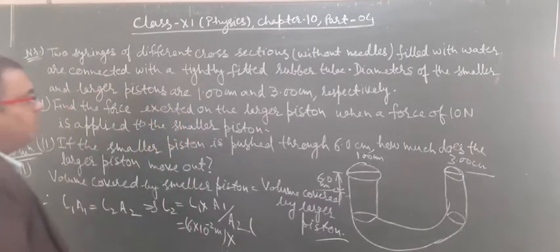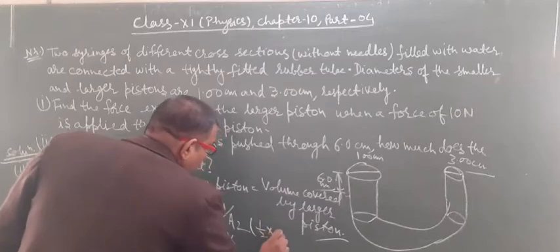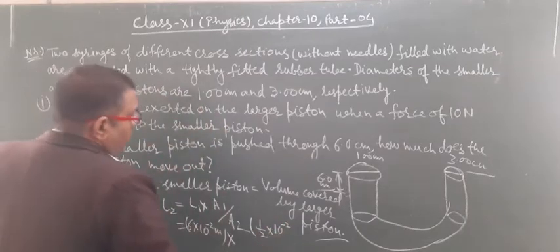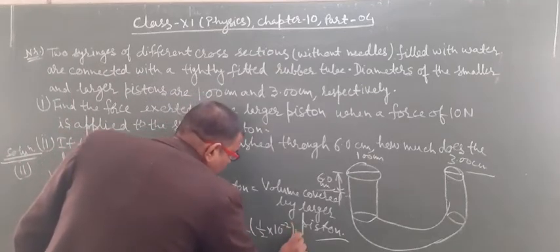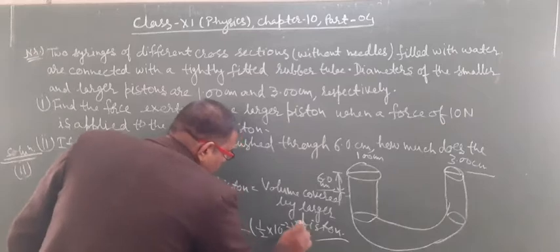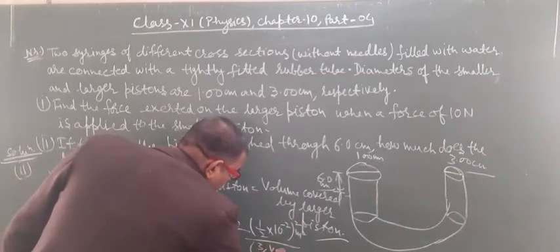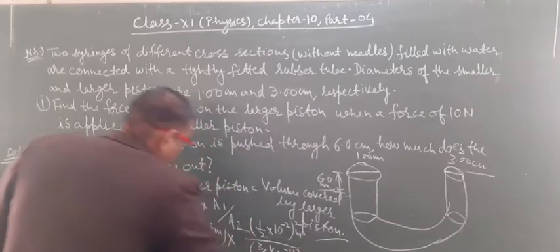A1 is the area we calculated, that is 1 upon 2 into 10 to the power minus 2 meter square upon 3 upon 2 into 10 to the power minus 2 meter square.